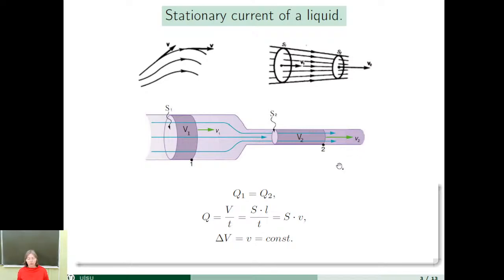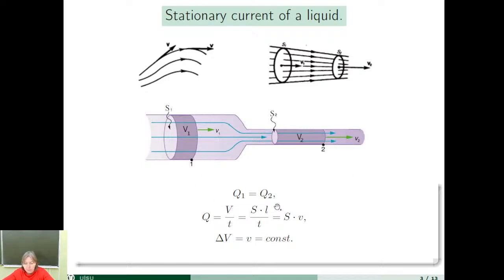Flow rate Q is used as a measure of the amount of fluid. It means the volume of fluid V which moves through the cross section of a channel per second. If the fluid enters one end of a tube at the flow rate Q1, it must leave the other end at the flow rate Q2, which is equal to Q1.